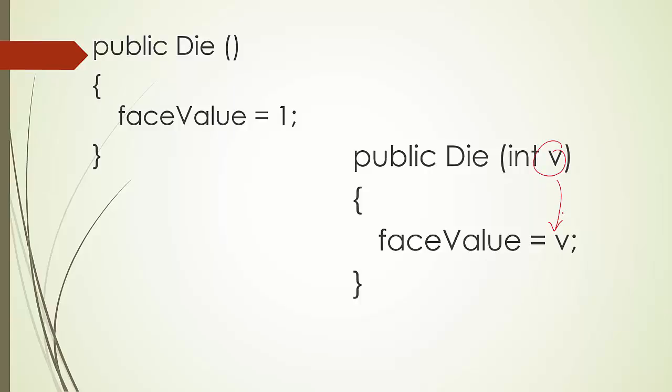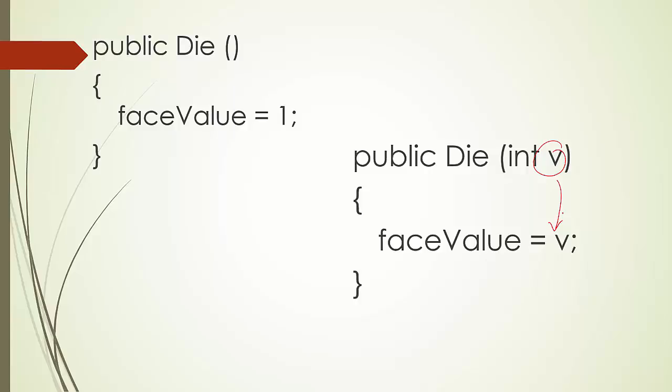Suppose we put int v as a parameter. This is the initial value we want our die to be, and so we assign faceValue to be v, passed in the parameter. In a program, Java knows which constructor to use by looking at whether you're passing a parameter or not. In the next lecture, we will see how we create objects using different constructors.